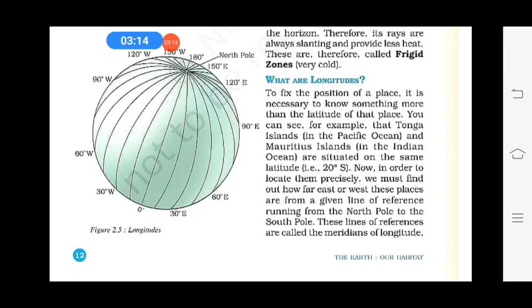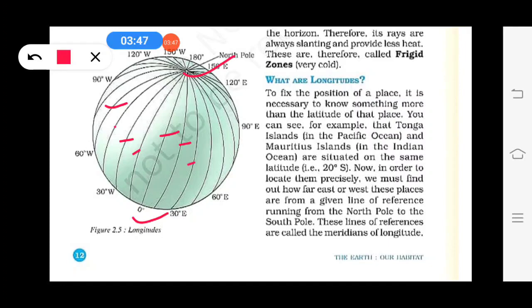You can see in the picture the distance between them is decreasing towards the poles and becomes 0 at the poles, when these lines meet in the North Pole or in the South Pole. They are all equal in length.